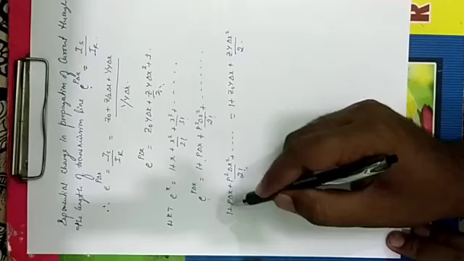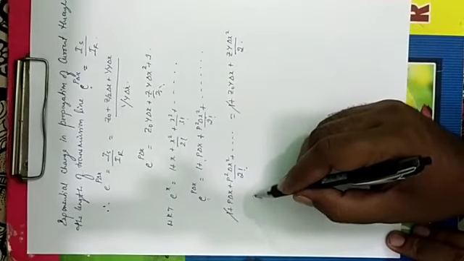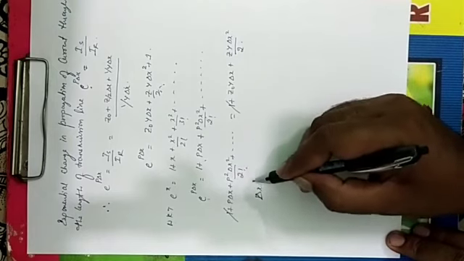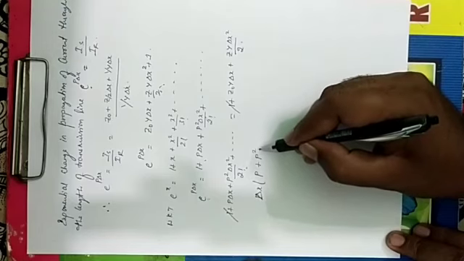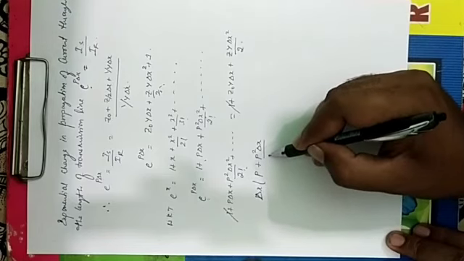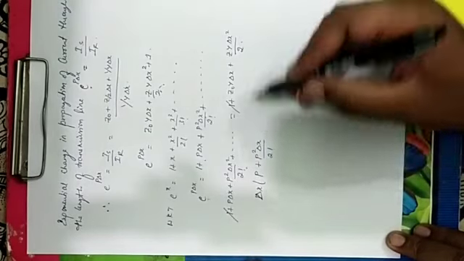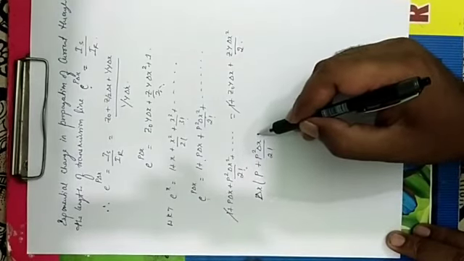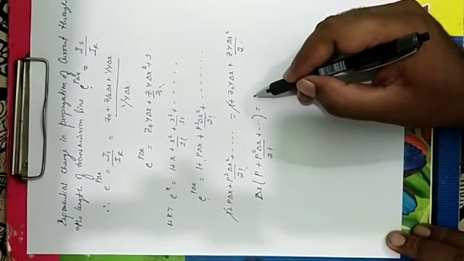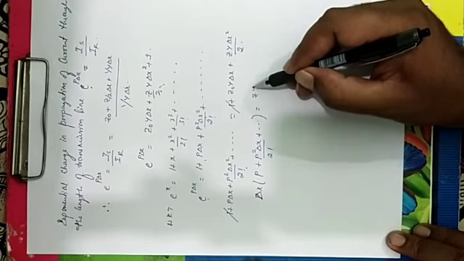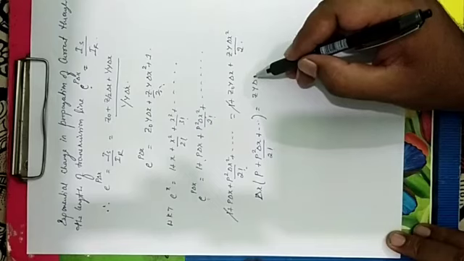Okay, so 1 gets cancelled here. If I take delta x common, p plus p square delta x divided by 2 factorial, and 2 factorial is 2 into 1, plus so on is equal to Z Y delta x.